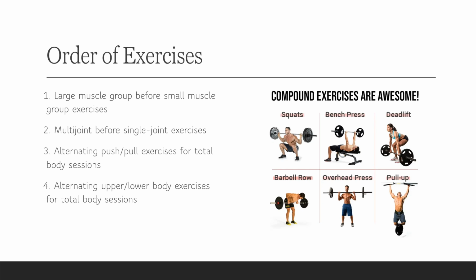This concept also applies to the sequencing of multi-joint and single joint exercises. The more complex, technique-intensive multi-joint exercises such as power cleans and squats should be performed initially, followed by the less complex single joint exercises such as leg extensions and bicep curls.